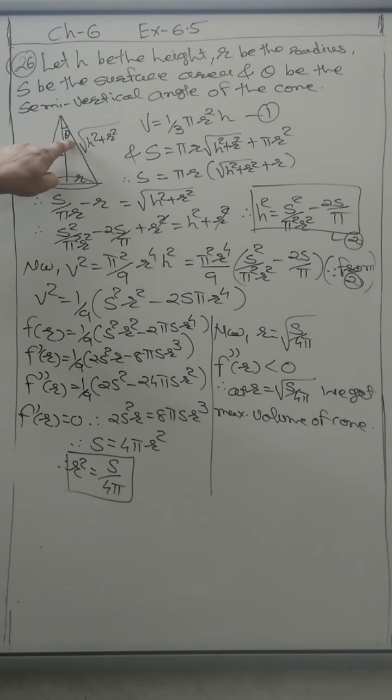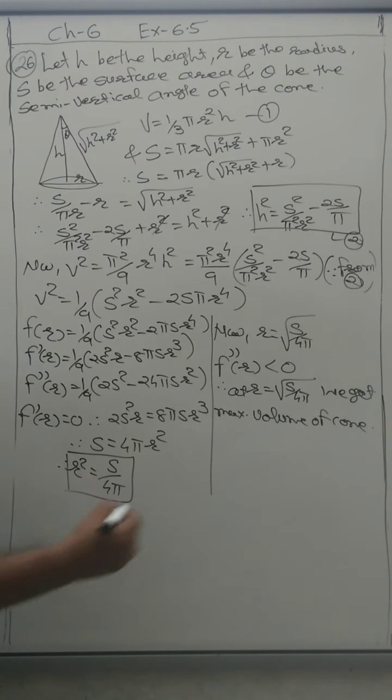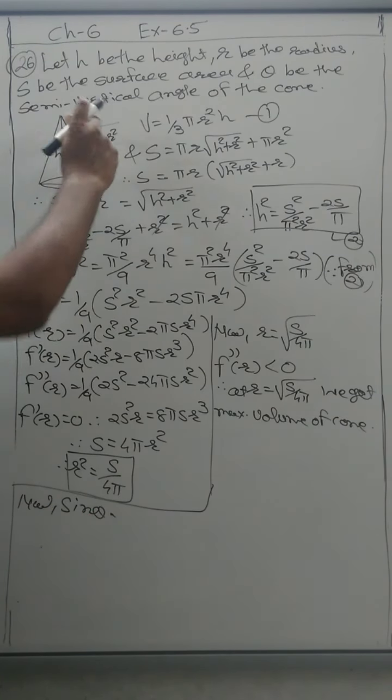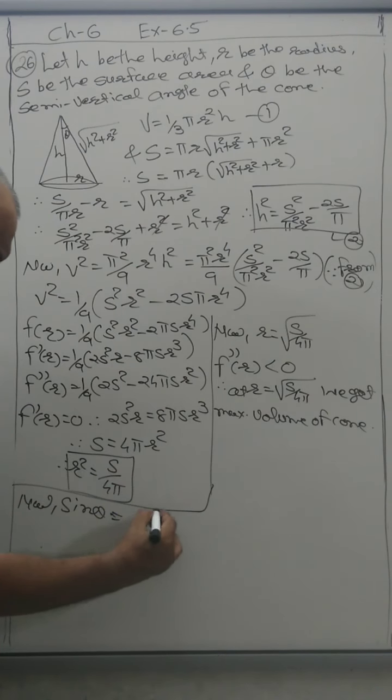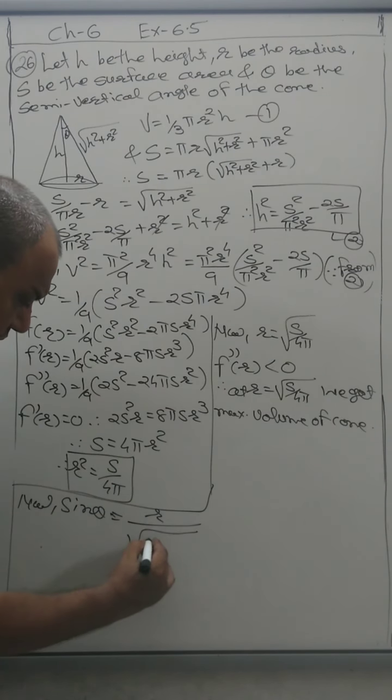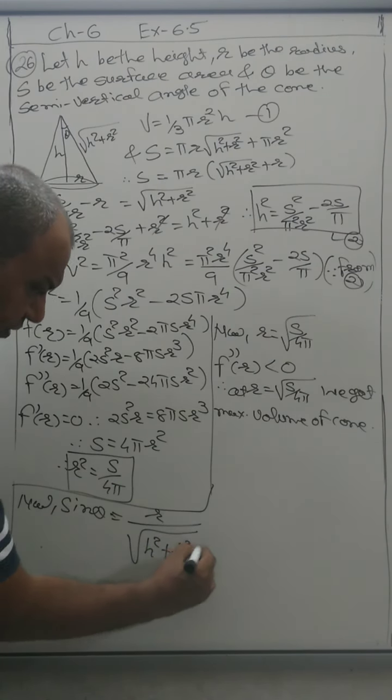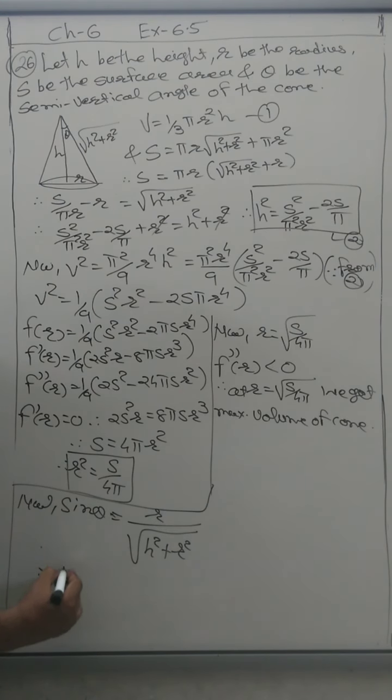Now sin theta is equal to what? Sin theta is equal to opposite upon hypotenuse. It is r upon under root x square plus r square. So we simplify: root s upon 4 pi upon root of x square plus r square.